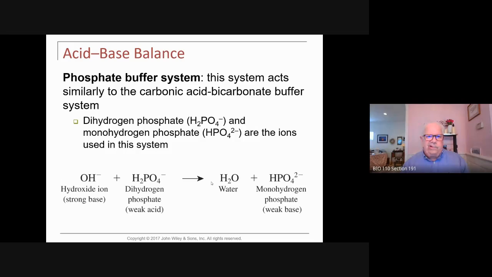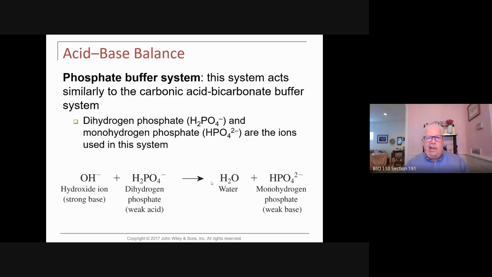The third buffer system is the phosphate buffer system. The phosphate buffer system works very similar to the carbonic acid bicarbonate system. Okay? It takes a strong base, it adds it to a weak acid, and it forms a weak base.